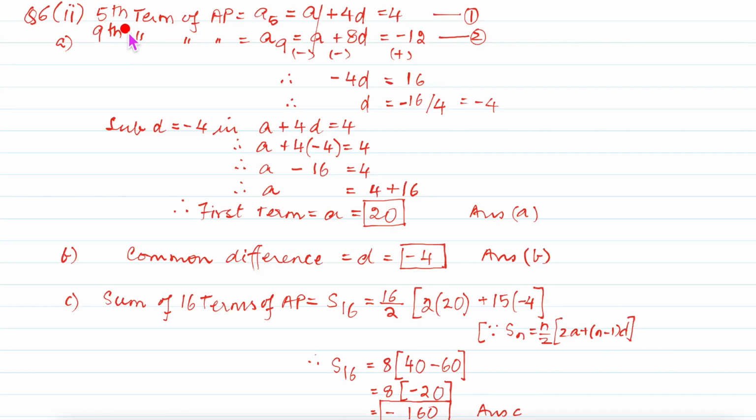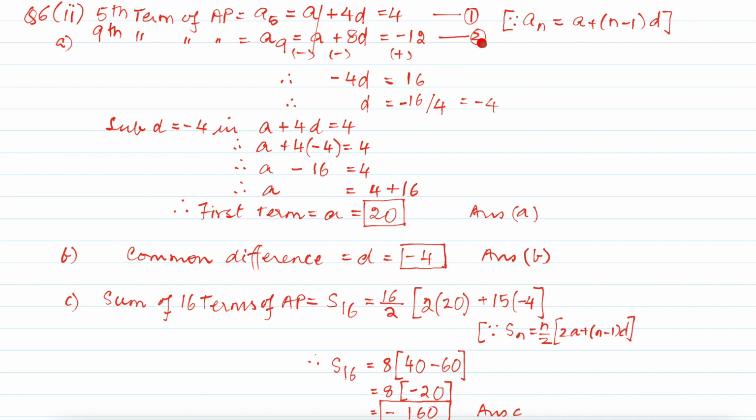In our solution, we will write fifth term of AP, that is A5, is equal to A plus 4D. Why do we say that? Because we know that AN is equal to A plus N minus 1 into D. Then the ninth term of the AP will be A9, which will be A plus 8D, which is equal to minus 12.